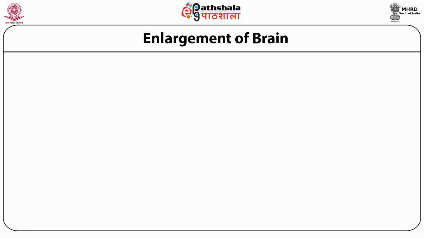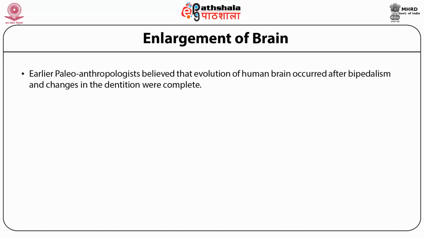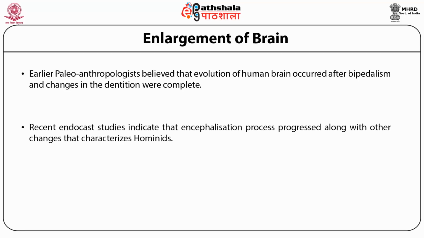Enlargement of brain. Earlier paleoanthropologists believed that evolution of the human brain occurred after bipedalism and changes in the dentition were complete. However, recent studies on endocranial casts indicate that the encephalization process progressed along with other changes that characterize hominids.